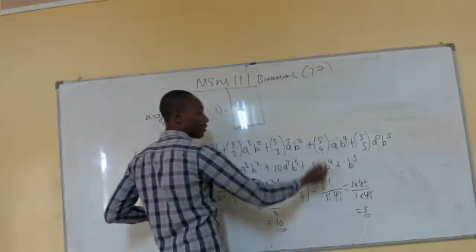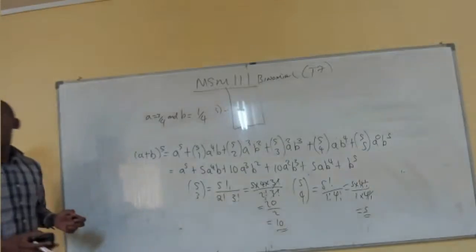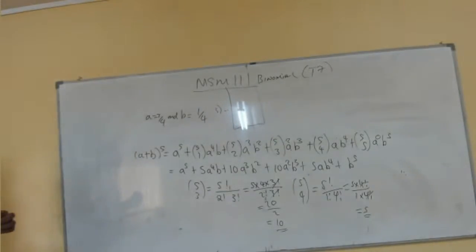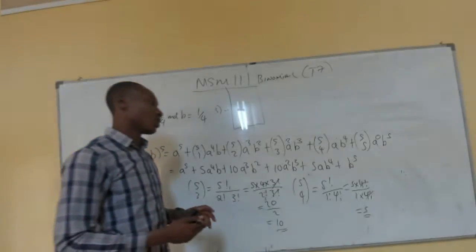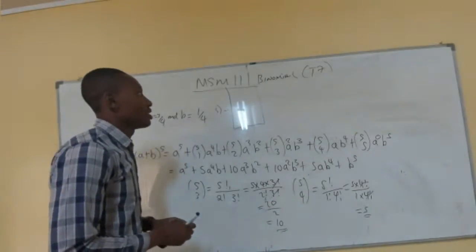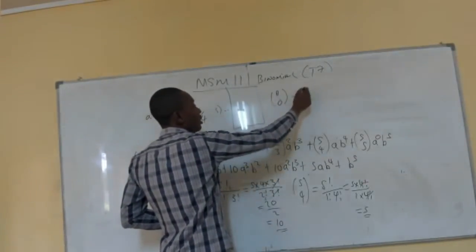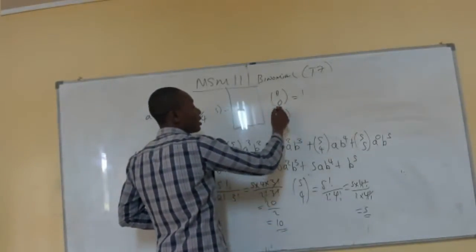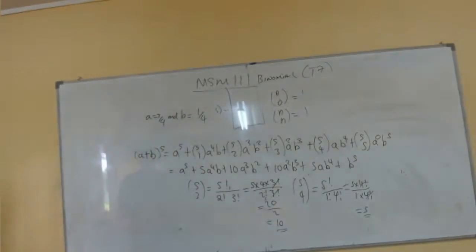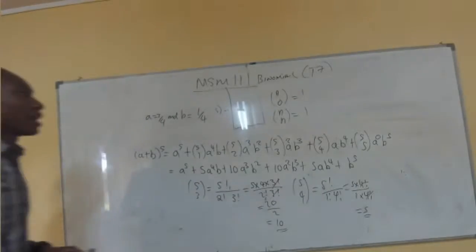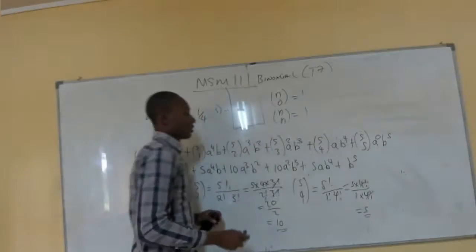This is the 5 that you are seeing there. Apart from that, 5 choose 5 is 1. So the general principle is that n choose 0 is 1, and n choose n is also 1.